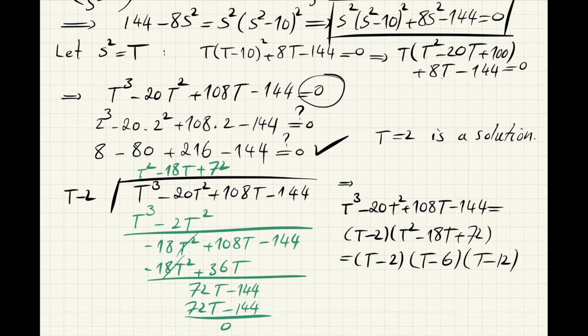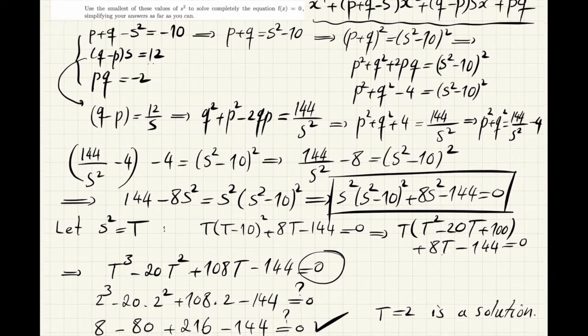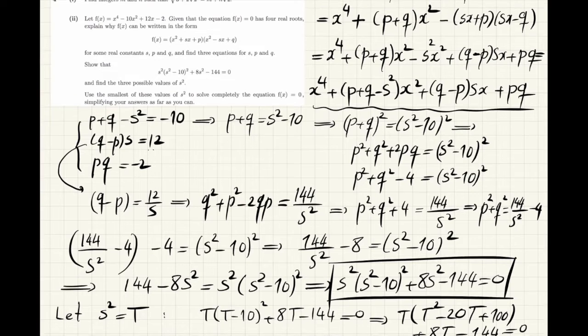Yes, but t was another name for s squared, so this means that s squared is 2 or 6 or 12. So these are the three values. Sorry, let me write over here. Okay, so these are the three possible values that were demanded in this problem.